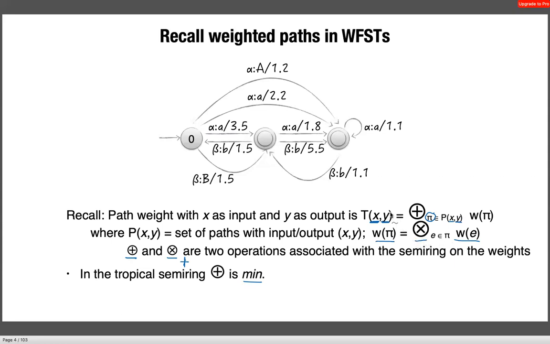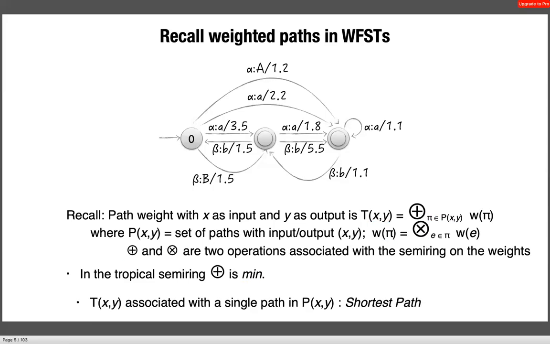So if we are looking at the tropical semi-ring, then I'm looking for the minimum scoring path among all successful paths which correspond to the input string X and produce the output string Y. And the weight of a path is just the sum of the weights of all the transitions in the path.